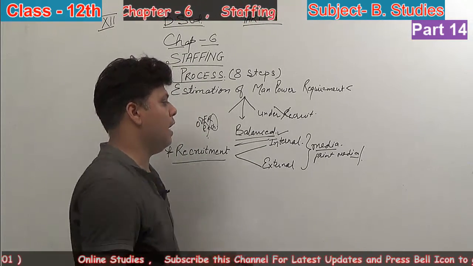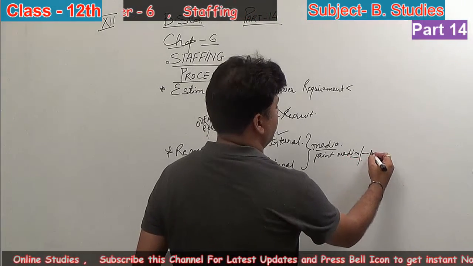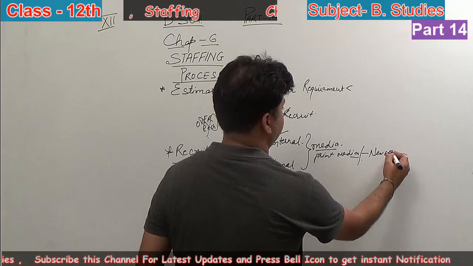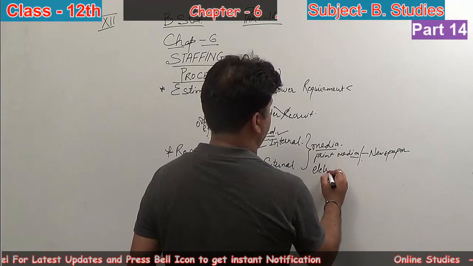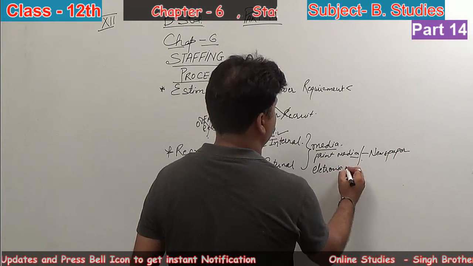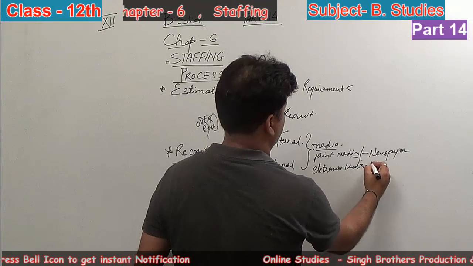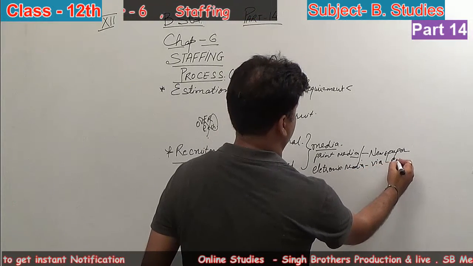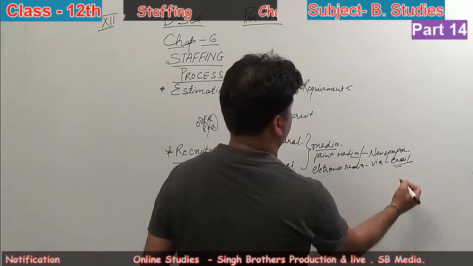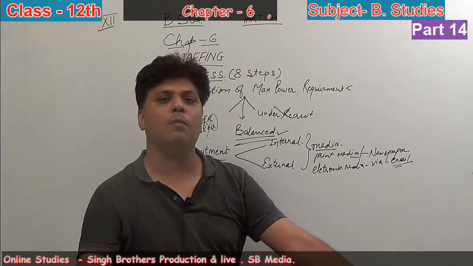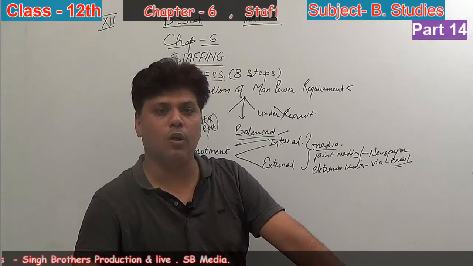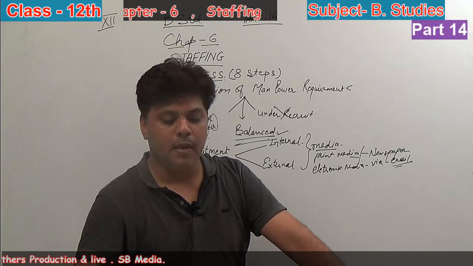Print media example is newspaper, and electronic media is via email. Or labor contractors. Now many job seeking websites are there, naukri.com, monster.com, etc.